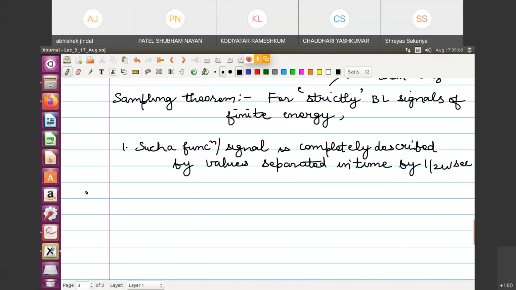And another equivalent form, equivalently. So I am writing equivalently means either you can say 1 or you can say 2.